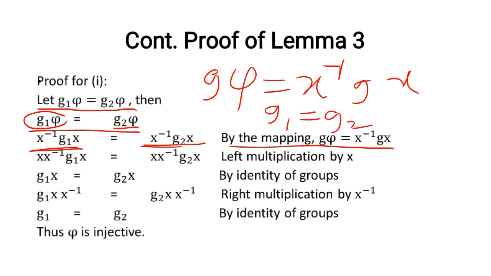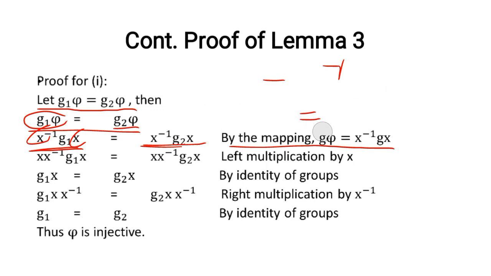So we want to remove all these excesses all around it, all this x everywhere, and see if we can remove it till we are left with G1 on one side and G2 on the other side, right? So let's see what happens. To remove the x inverse on this side, I simply multiply on my left-hand side by x, right? Whatever I do on my right, I do on my left. So I multiply by x on this side, and multiply through by x on this side. And all of this goes to identity.